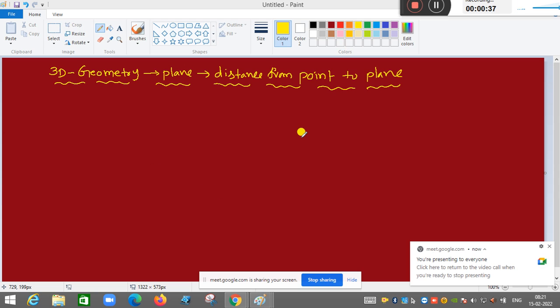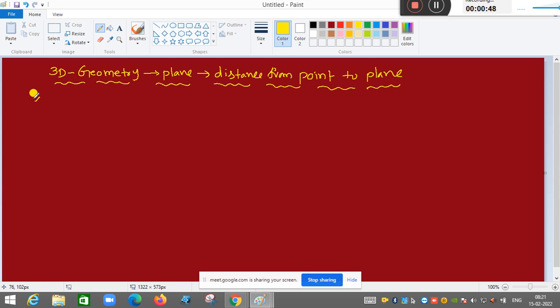Given a point with position vector a bar, and given a plane, that is r bar dot n cap equal to d.